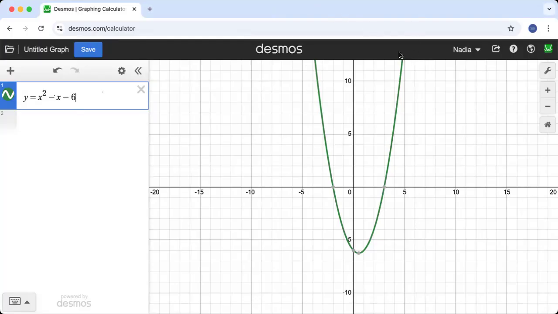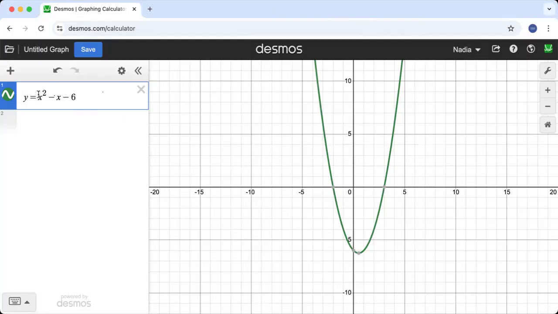If you look carefully, this shape is a U shape, and we can call it either a positive parabola or a negative parabola. What is the meaning of the positive and the negative parabola?